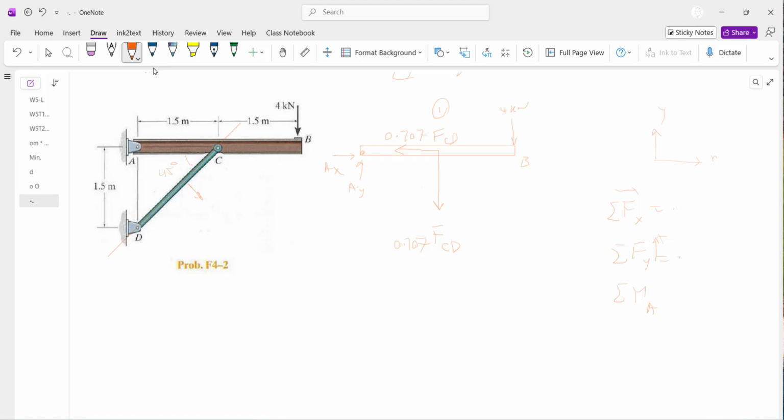Because taking net rotation with respect to point A, I don't have to worry about two unknowns to begin with, and it only leaves me with one active unknown in my rotation equation, and that is easily solvable.